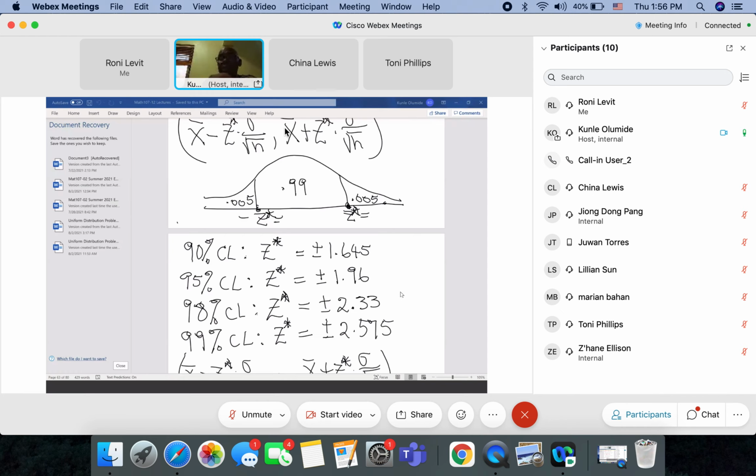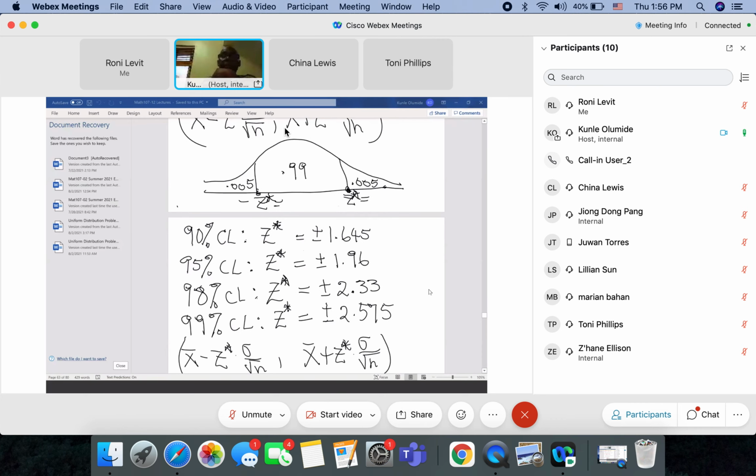The middle will be your confidence level in decimal, and whatever is left over will be divided between the two tails. Based on that, you go into the table and obtain your Z star. Any question about that so far, about obtaining your Z star?